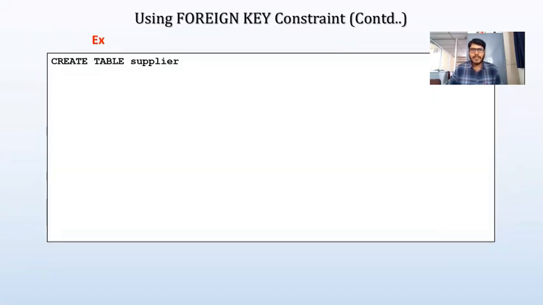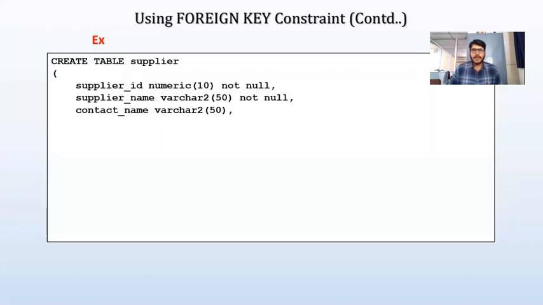So create table supplier, supplier ID, supplier name, contact name, and here in this case I am going to define supplier ID as a primary key. Already you know how we can define the primary key constraint for the table. These are the only columns I am going to consider for the supplier table, and I'm going to close the definition and close the statement by using a semicolon. So this is the parent table.